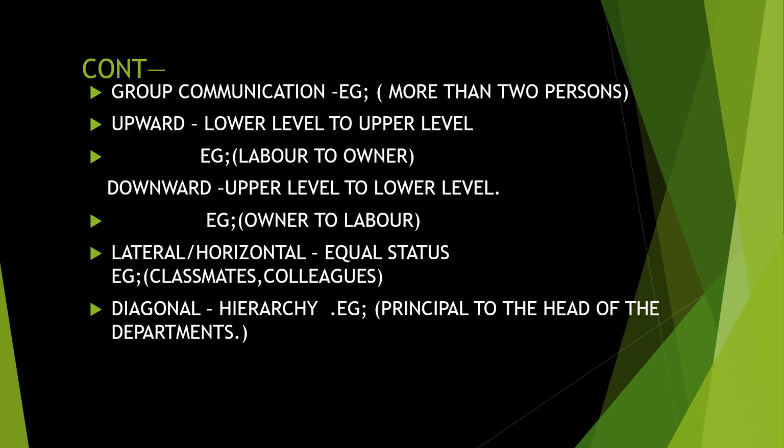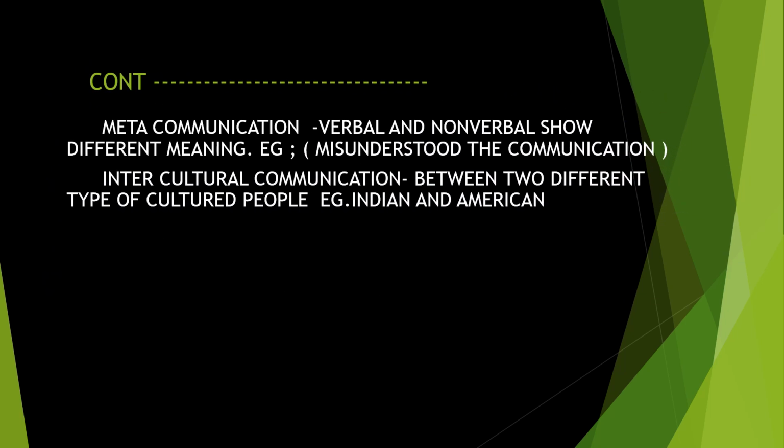Another one, meta communication. What is meta communication? Meta communication means verbal and non-verbal showing differently: talking in one way, but the meaning is in another way. For example, one person reached school very late, maybe a student or a staff member. Then another person says, "Oh, he came too early."